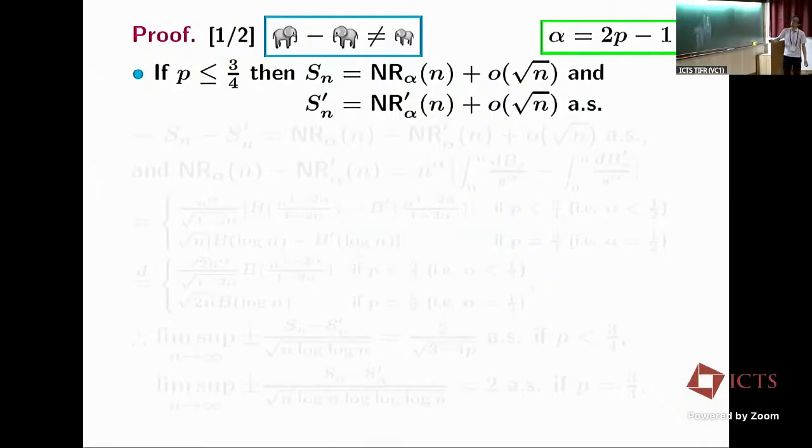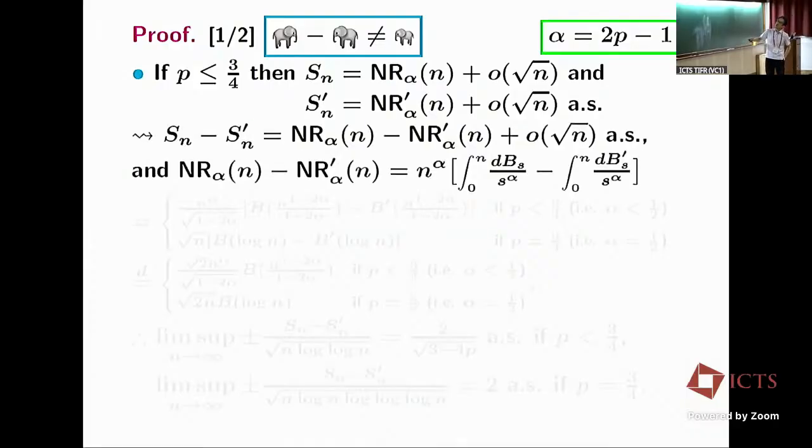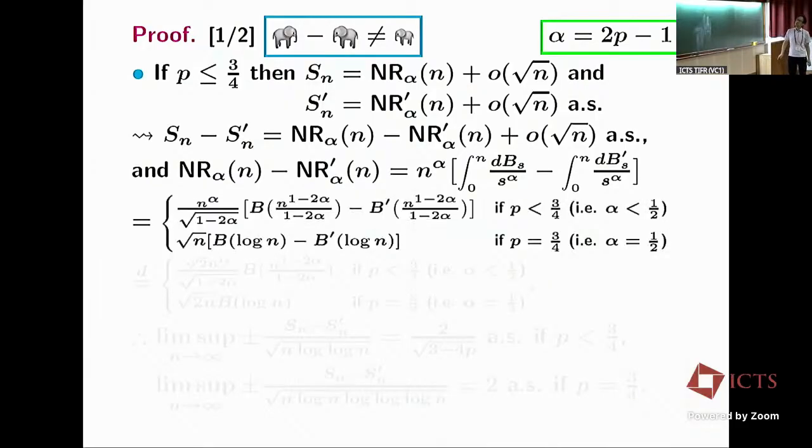By some calculation, this difference can be expressed by time change processes of Brownian motions. B and B prime are independent, and if p is 3/4, then a log time change appears.